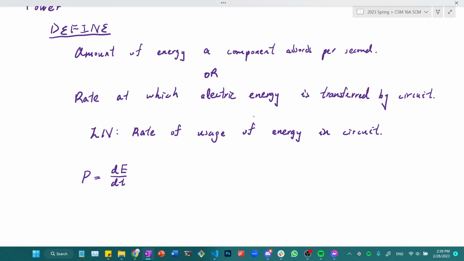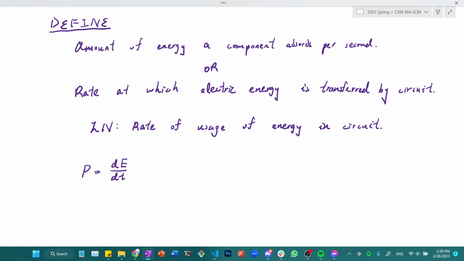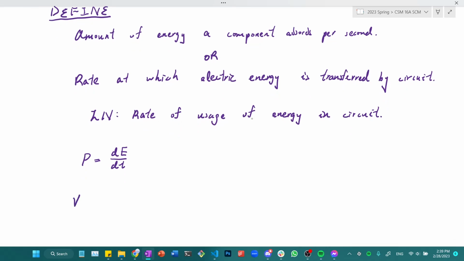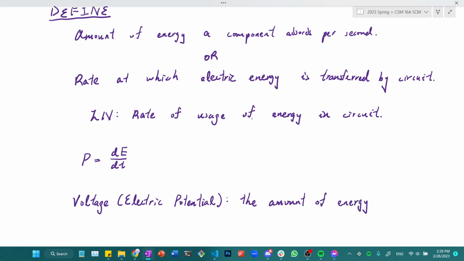Now let's think about an easier way to express dE/dt. To deal with energy, I can also think about voltage. Voltage, or electric potential, was defined as the amount of energy needed to move a unit charge across a distance.